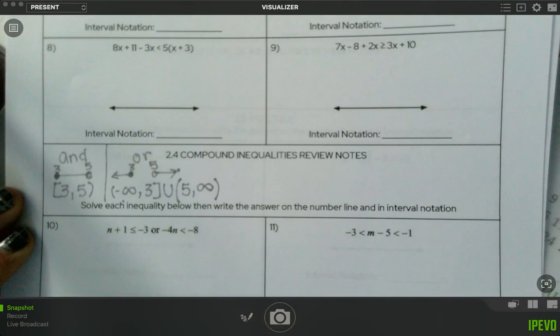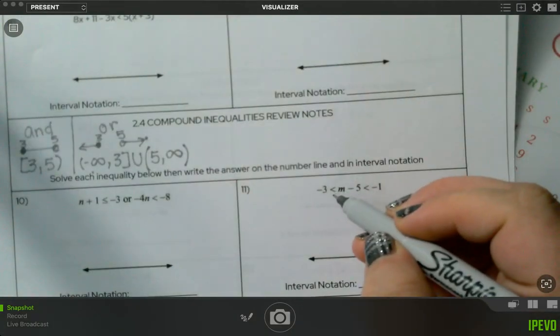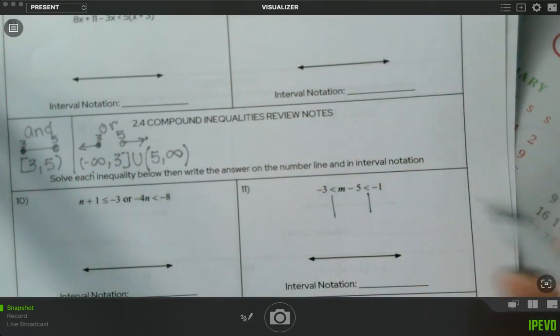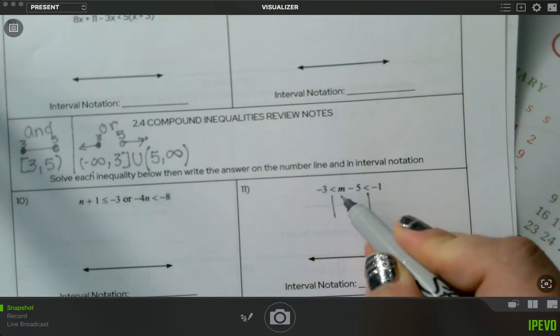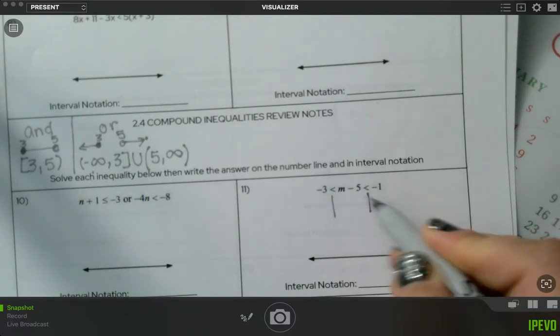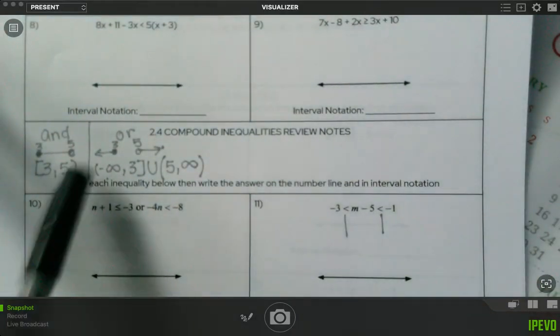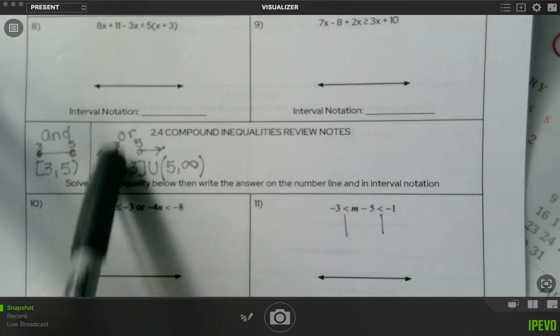Okay? And then I'm going to give you a reminder right here before I move on that you're going to act like this is 3 parts. So like when we want to add this 5 to get rid of it, we want m to be by itself in the middle. So we would add that 5 to both sides like that. Okay? No matter what, ands should go together or should almost like repel from each other.